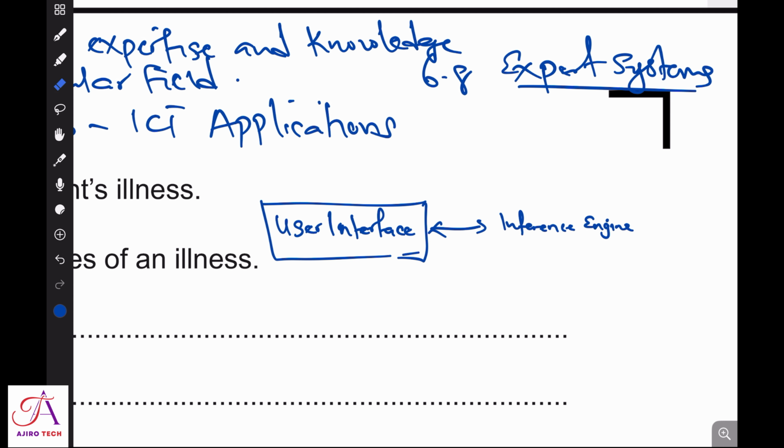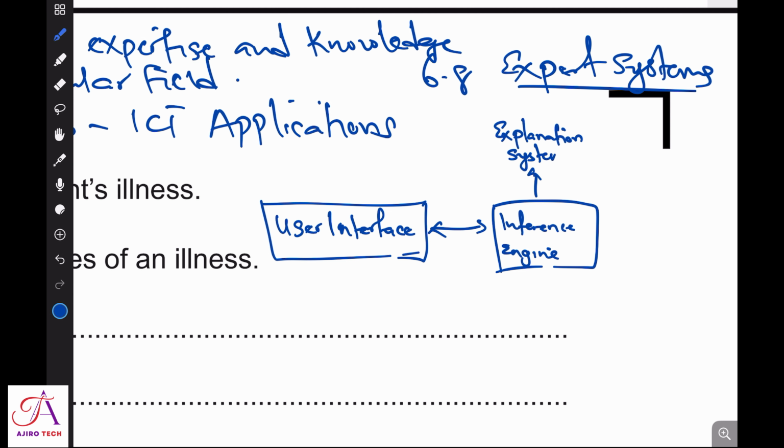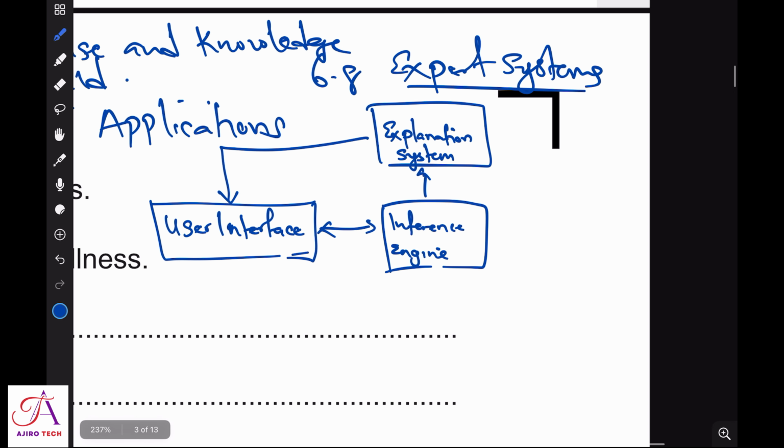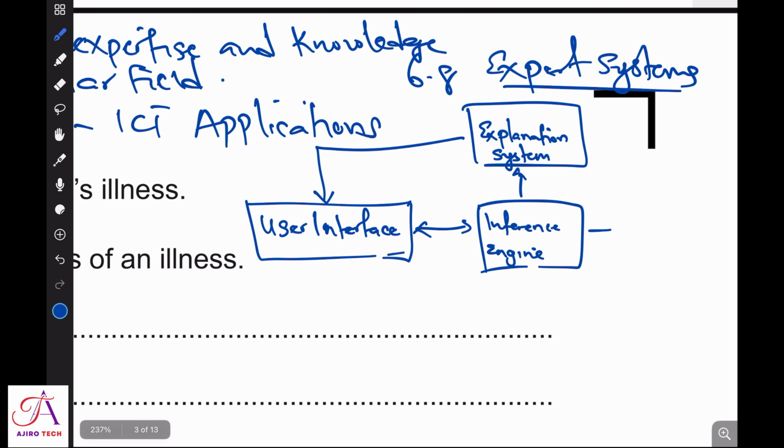So we have the inference engine. Going up, we have the explanation system. And this goes here, right? And then we have the knowledge base, this is two-way.